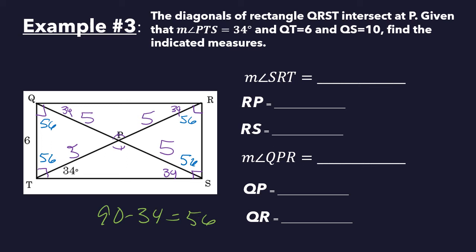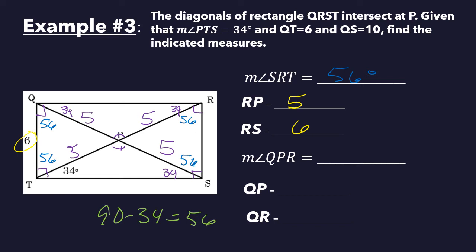All right, welcome back. So angle SRT is going to be 56 degrees. RP is half a diagonal, so that's going to be 5. RS, the left side of the triangle is 6, so the right side of the triangle is also 6.